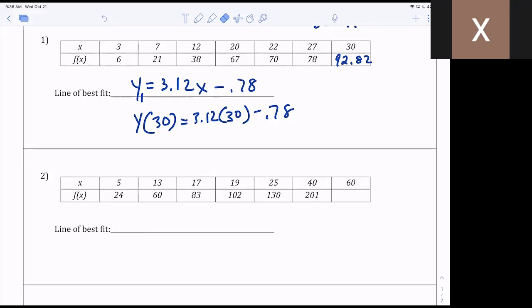You go 30 times 3.12 minus 0.78. You're not plugging it in anywhere. Don't put it on the y equal. Go to second quit, go to the home screen, and type in 30 times 3.12 minus 0.78. Oh, yeah, that's what I meant. Just plug it in. Yeah.